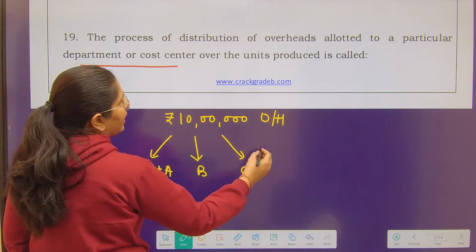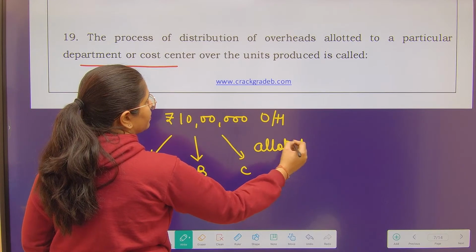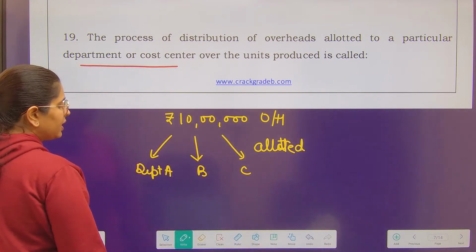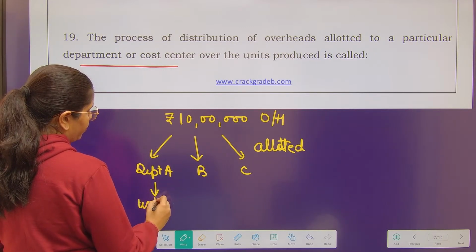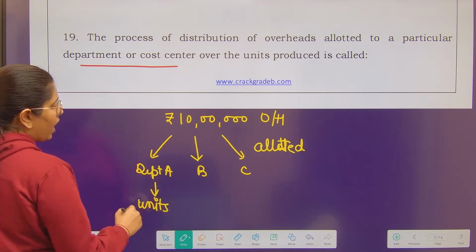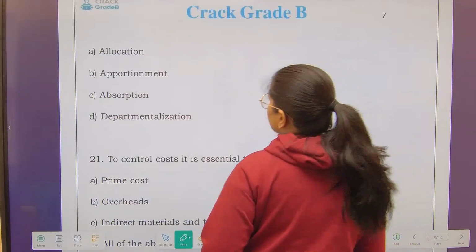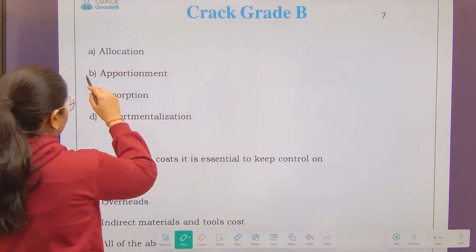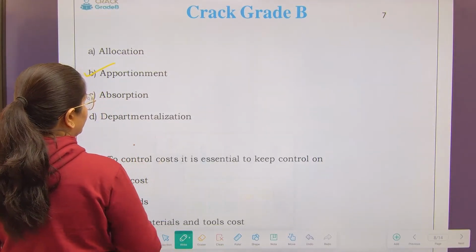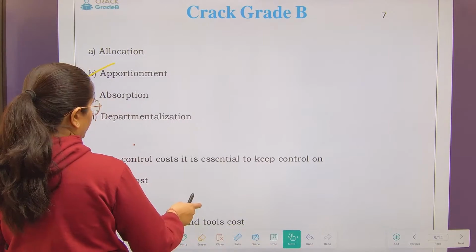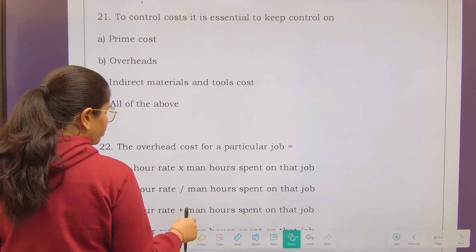You have already allotted to them. Now, after the allotment, whatever number of units are produced over here, you are giving this particular thing overheads onto that. So, this is known as the apportionment. You are giving the quantity of your overheads or the amount of your overheads on all the units produced.